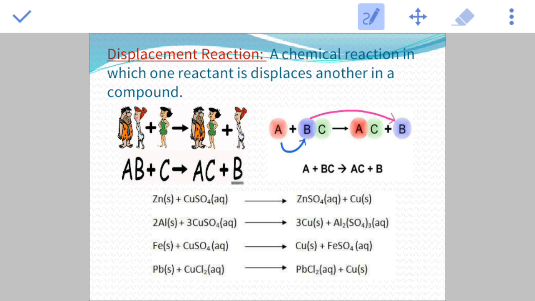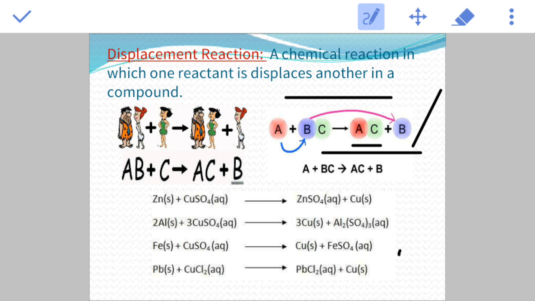So the combination is like this: A plus BC gives AC plus B. It means that A replaced B because A is more powerful than B. So B will be replaced, and the new products that we get are AC and B. In the definition, a chemical reaction in which one reactant displaces another in a compound.